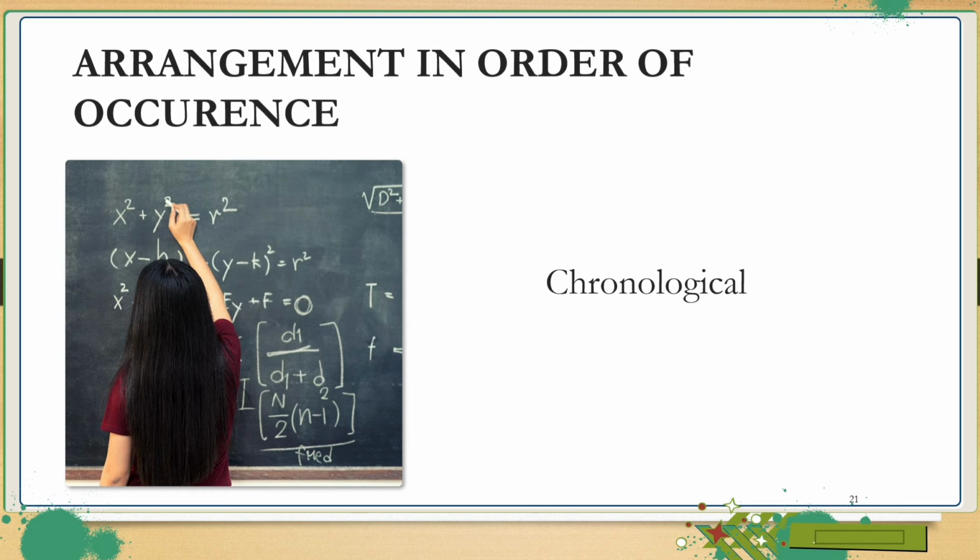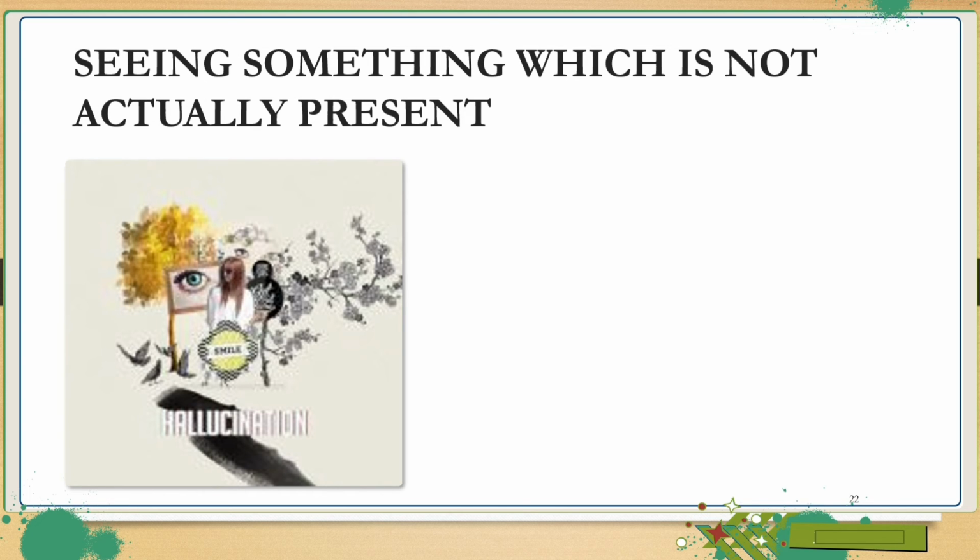So next one, seeing something which is not actually present, and this act is known as hallucination. Hallucination is the act of encountering the happenings of something which doesn't actually happen.